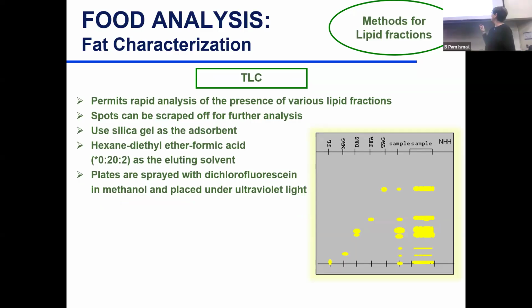You put standards on spots on a thin layer chromatography plate, and then your sample, and you determine the presence of the different components to give you an idea of the composition of the fat in your sample.